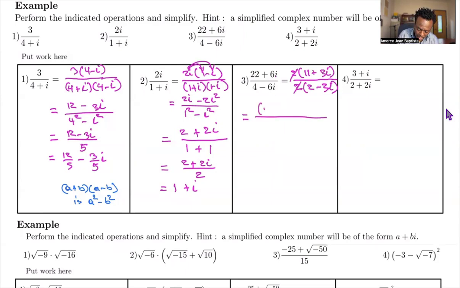So that's 11 plus 3i times the conjugate of 2 minus 3i, that is 2 plus 3i. And then the denominator would be 2 minus 3i times 2 plus 3i. So we distribute the top using FOIL, and the denominator is a minus b times a plus b.